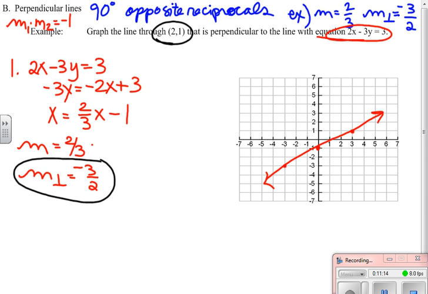And now I'm going to come back and it goes through 2, 1. But it has a negative, down 3, right 2. Those are probably intersecting at 90 degrees, which makes them perpendicular.